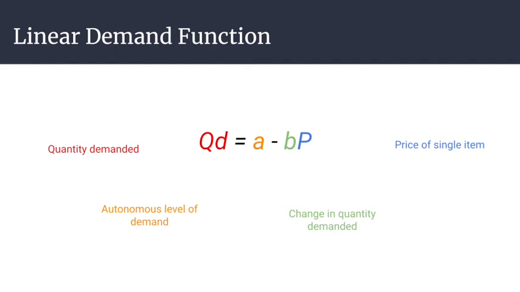A stands for the autonomous level of demand, meaning the constant rate of demand for the good or service given that the price is zero. B is the overall change in quantity demanded, and P is the price of the single item in the market. This function allows economists to calculate the demand in the market and see the changes happening to the market in general if one of the non-price determinants is applied.